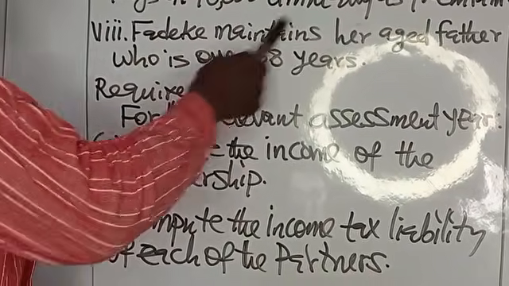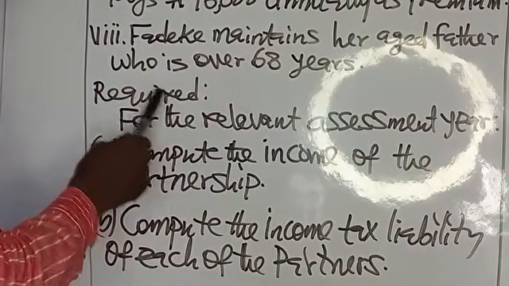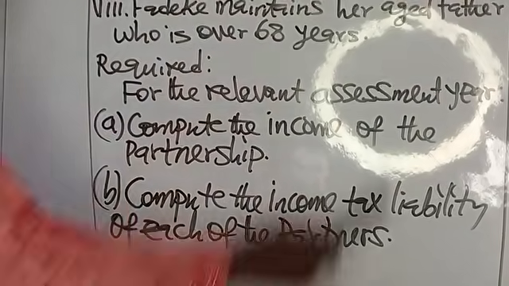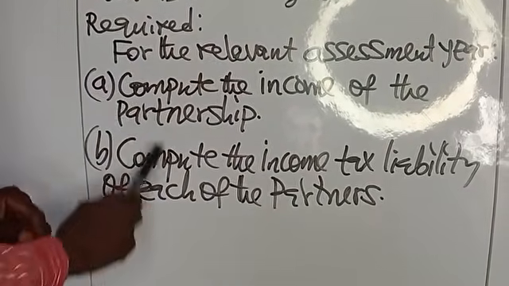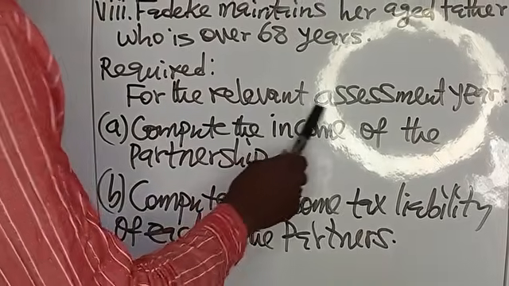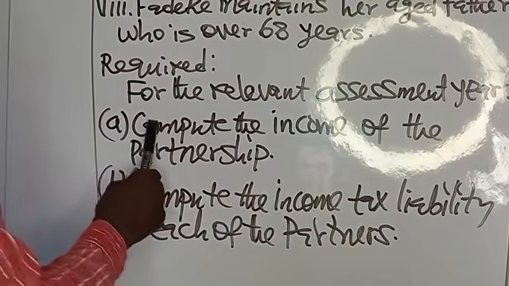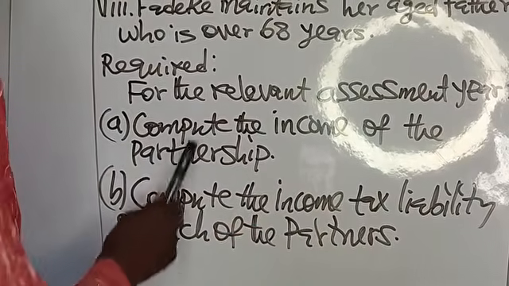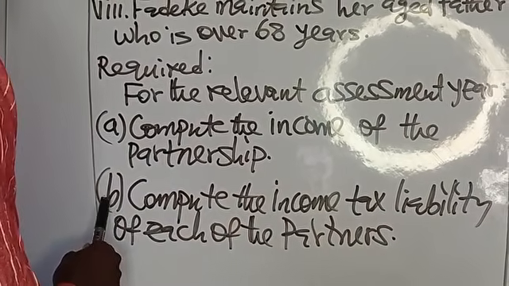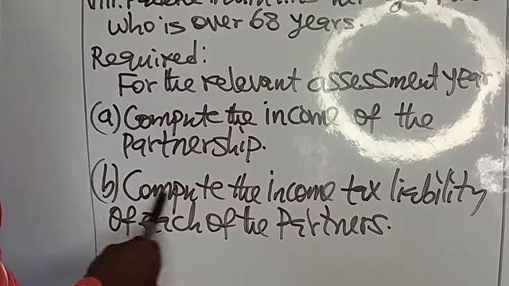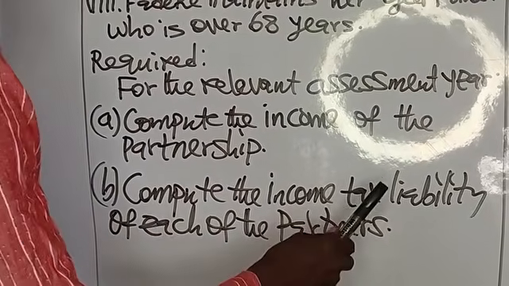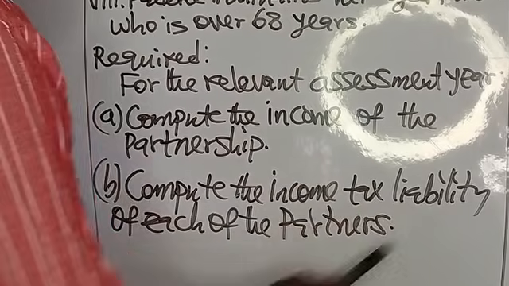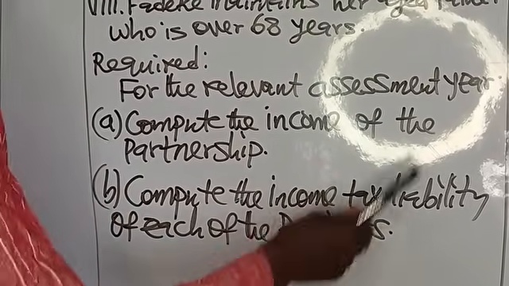Fadeke maintains her aged father who is over 68 years. For the relevant assessment year, A. Compute the income of the partnership. B. Compute the income tax liability of each of the partners.